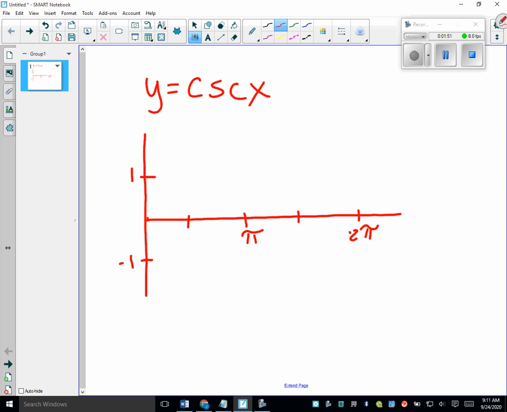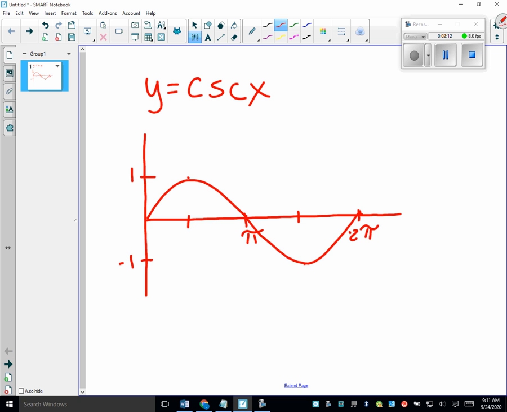And doesn't it do this? Since you all just did this, this should be easy, right? What's wrong? I just graphed the cosecant.